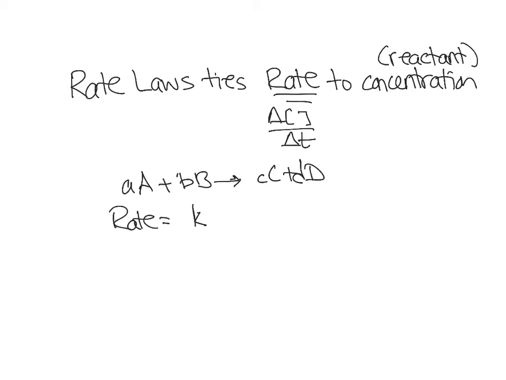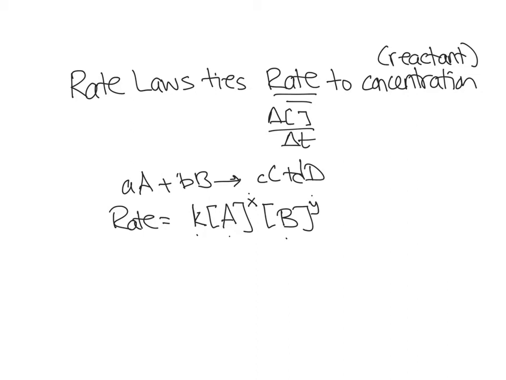We'll get there later. And A to some exponent we'll call x, and B to some exponent we'll call y. So this could say, oh hey, if I had 0.1 molar A and 0.5 molar B, how fast could I expect this reaction to go? Well, I'd calculate based off of the exponents x and y that I figured out, the concentrations that I'd put in, and the K that I would find, and I could predict how fast a reaction would go.